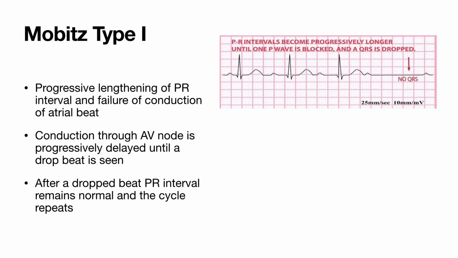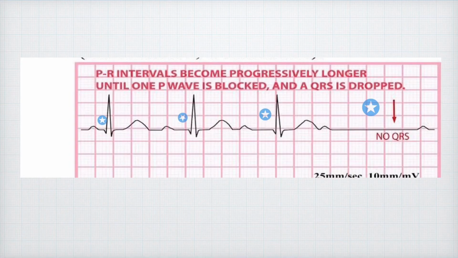In this ECG, we see that some intermittent P waves are not conducted. So first, let's see if the PR interval is constant in all the beats or varies from beat to beat. Here, it varies from beat to beat. Now let us observe the pattern more closely. In the first beat, the PR interval is 3 small squares, that is normal.